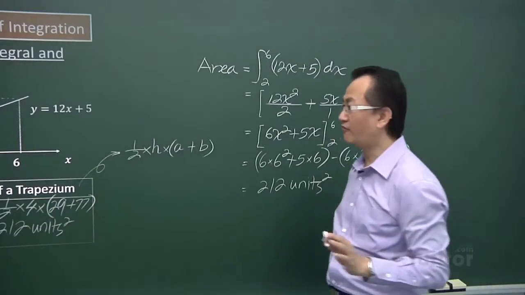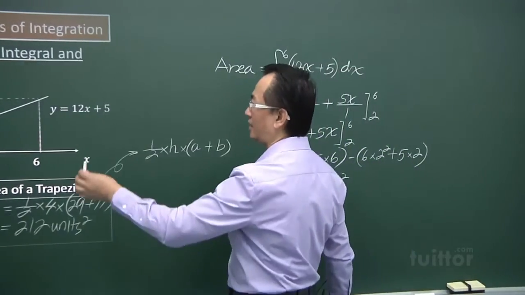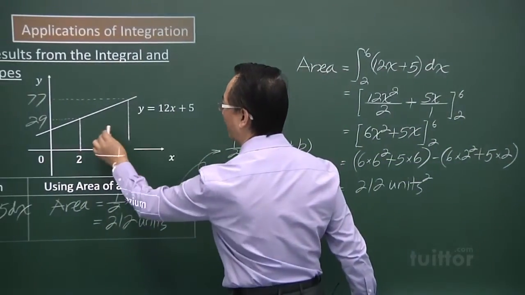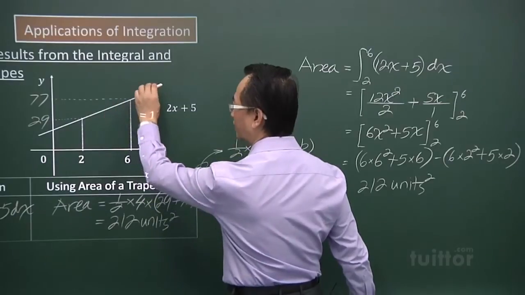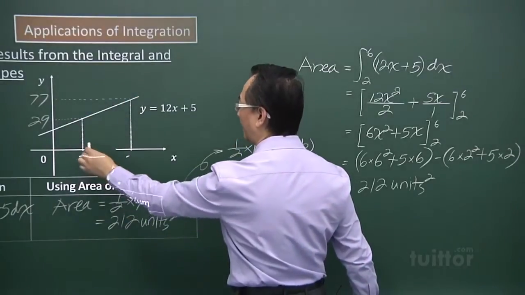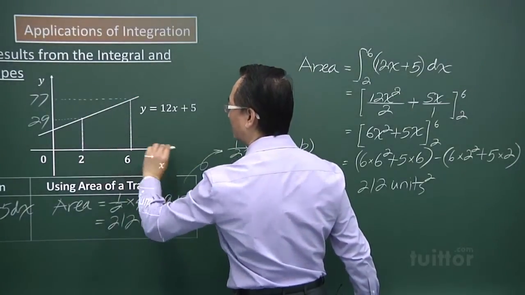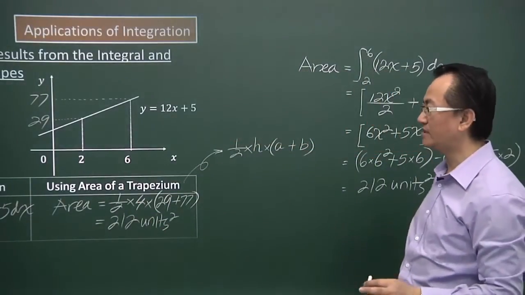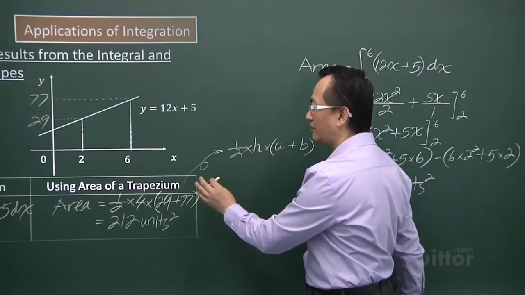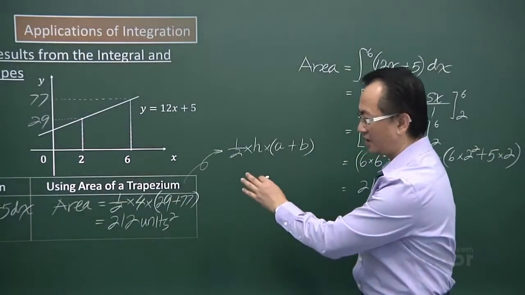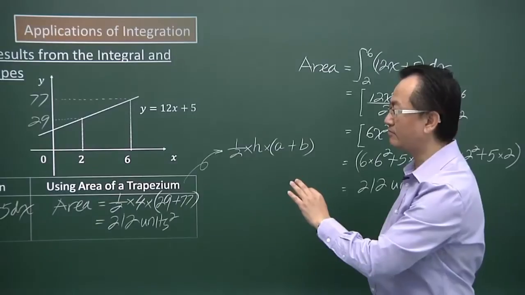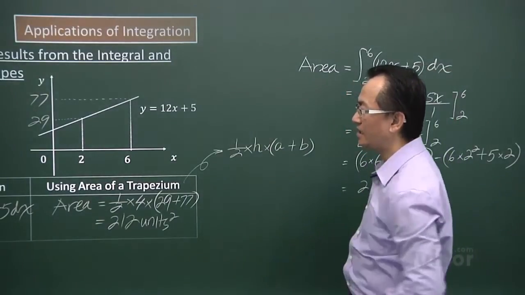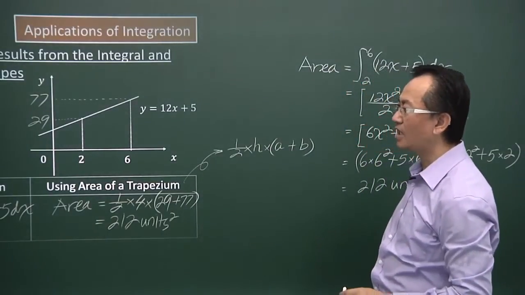So for straightforward plane area bounded by perhaps straight lines and limits and also the x-axis, we can do it in two ways. One is using the formula of the geometric shape, in this case, the area of a trapezium.